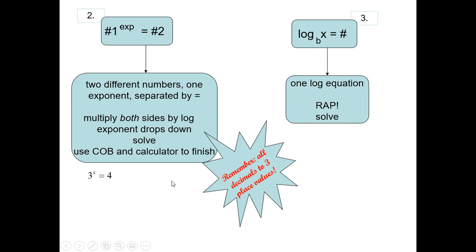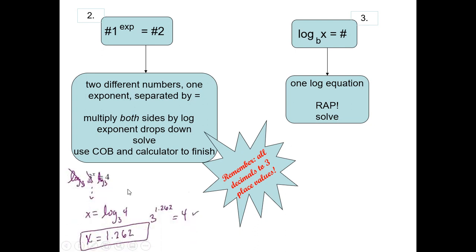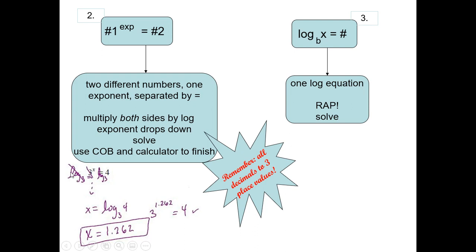If I have something like 3 to the x power is equal to 4, I can take the log of both sides. Log base 3 of 3 to the x is just equal to x. Log base 3 of 4. So here x is equal to log base 3 of 4. I can use my calculator to solve: x is equal to 1.262. Plug it in your calculator and check that that is indeed equal.